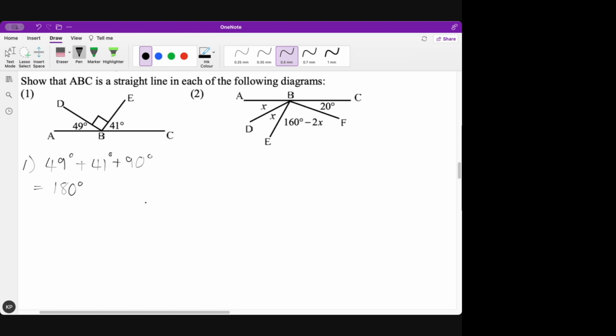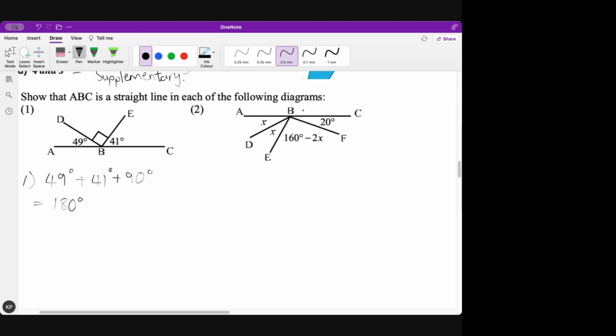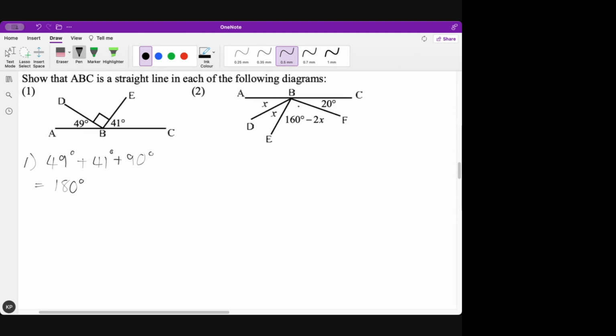Now, one thing that would make you lose marks here is writing the reason. Why can I not write the reason angles on a straight line here? Remember with geometry, it's always statement, reason. But in this case, I am not doing that, right? Why am I not writing the reason?